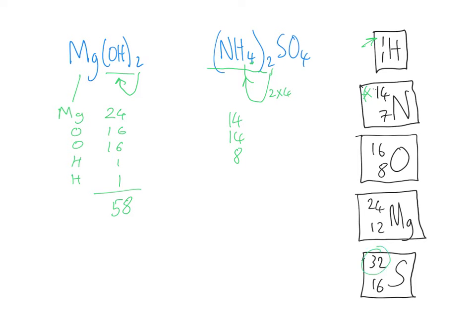Then we need to look at sulfur, which has got a relative atomic mass of 32, and there's only 1 of them, because this 4 just belongs to the oxygen, so we've got 4 oxygens on here. So 16 for 1 oxygen, but there are 4 of them, so we need to add all of those together. And when you add all of those together, you get 132 as being the relative formula mass of ammonium sulfate.